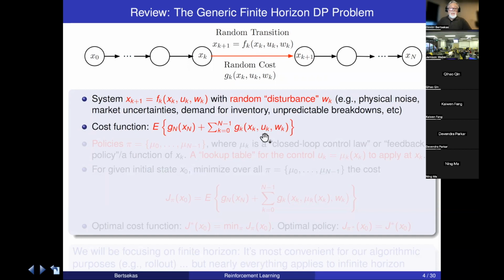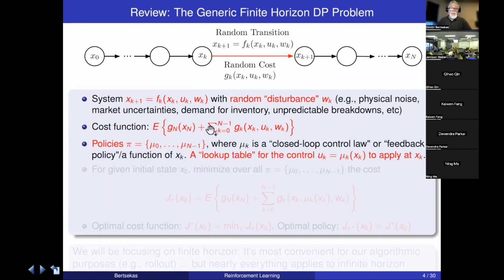Now, the cost function is the sum of all the stage costs plus a terminal cost at the last stage. And we're interested in policies, sequences of functions that map states into controls. We assume that states are perfectly observed, and given a policy, it gives us the control to apply at that state.